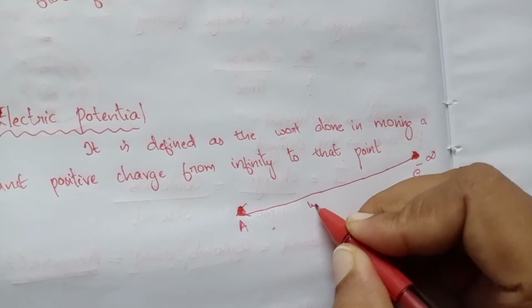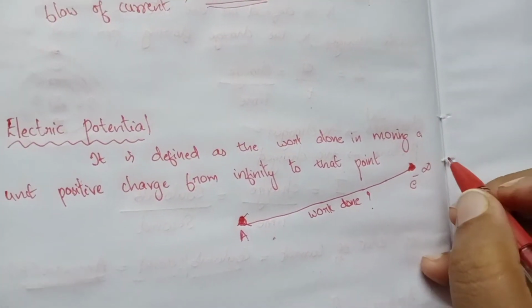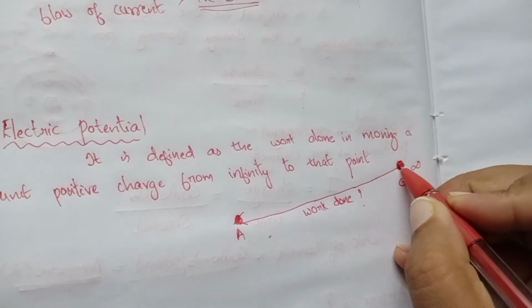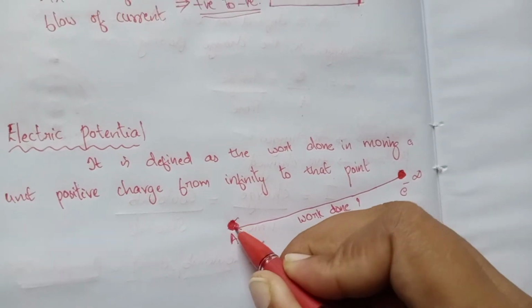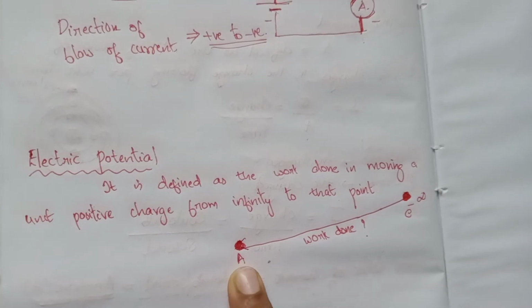So what is the work done? What is the work done in moving this charge from infinity to this particular point is called the electric potential at this point.